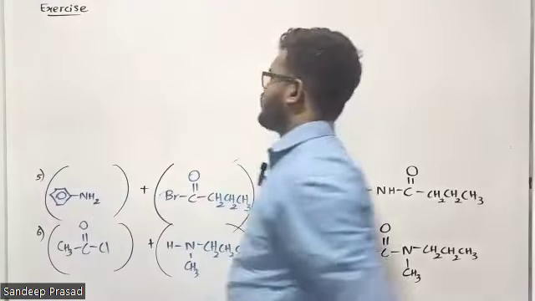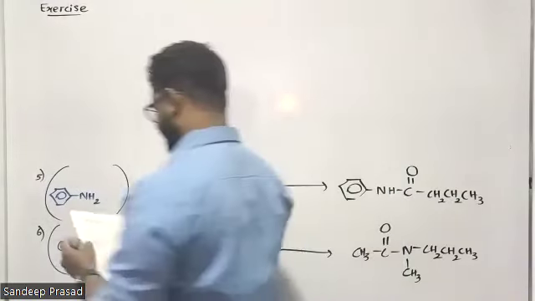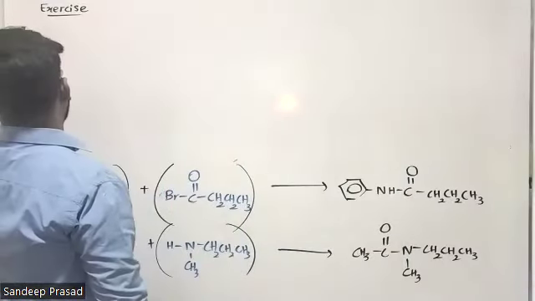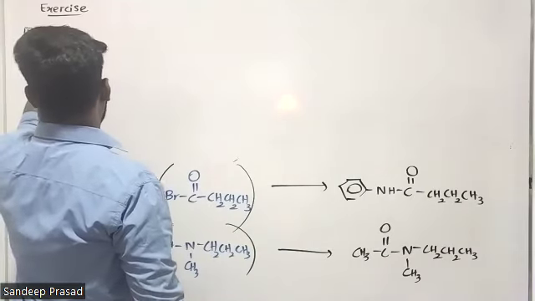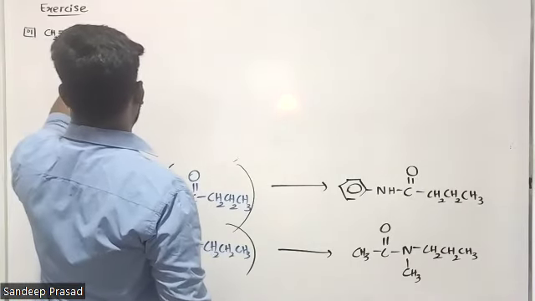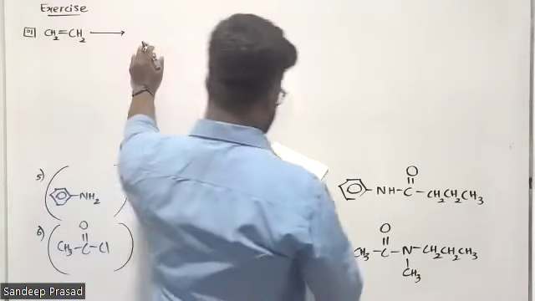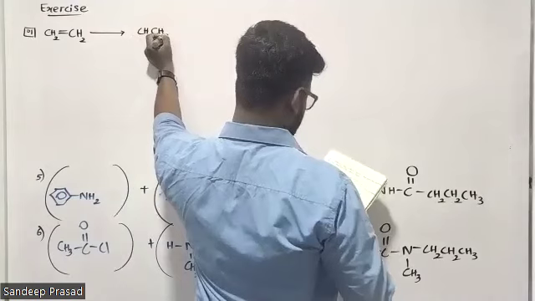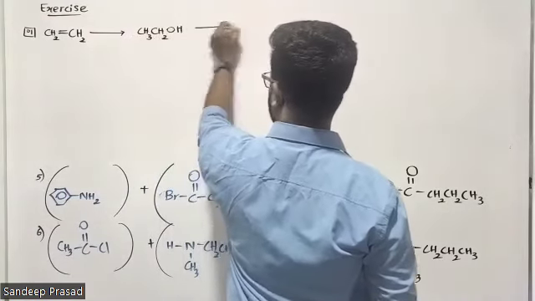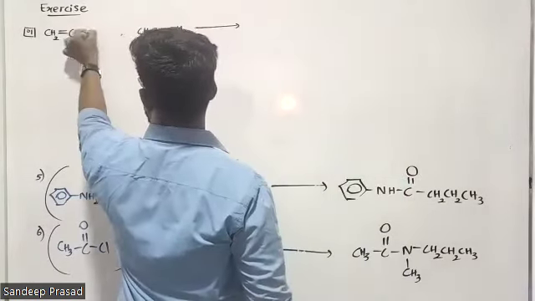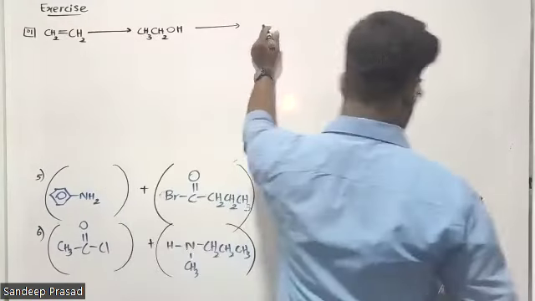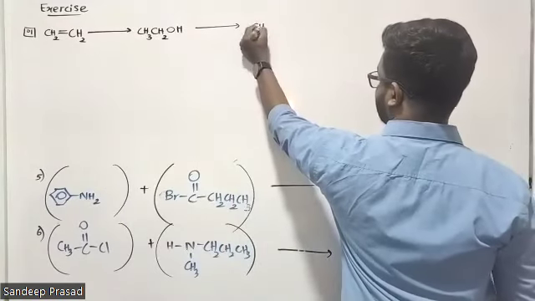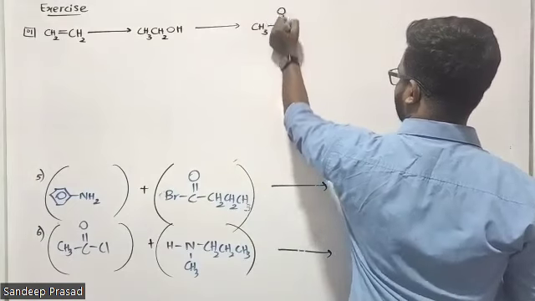Exercise. Let's start from ethene, CH2, CH2 double bond. Ethanol.